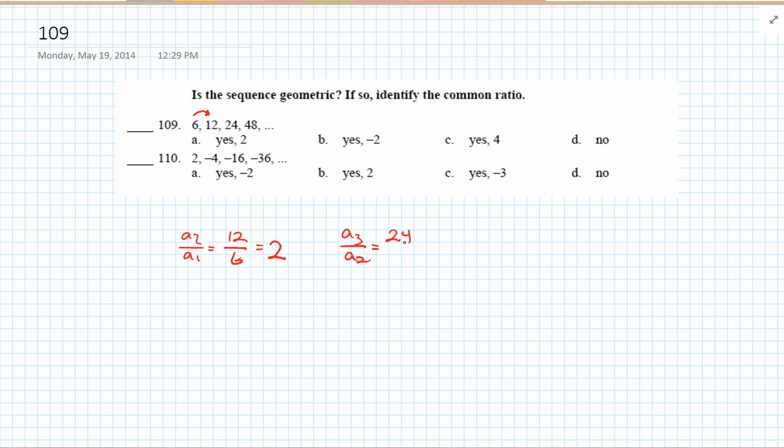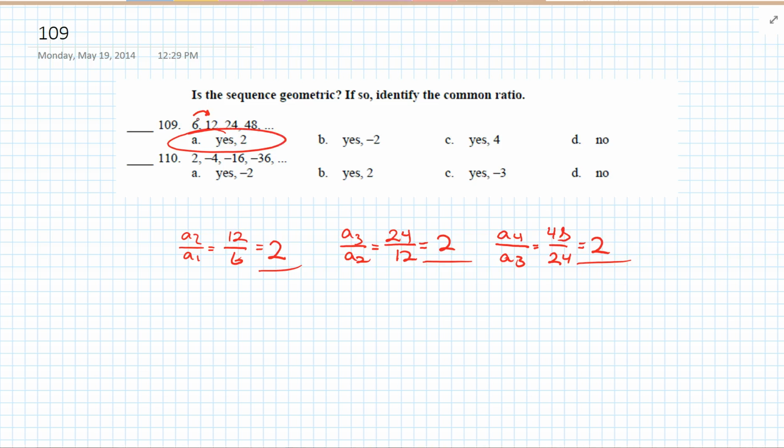Third term is 24, second term is 12, so that has a common ratio of 2. Again, we're using the word ratio because we're multiplying and dividing. Let's just check the last term. A of 4 over a of 3, 48 over 24, which is 2. So it's the same term every time, so yes, common ratio of 2.